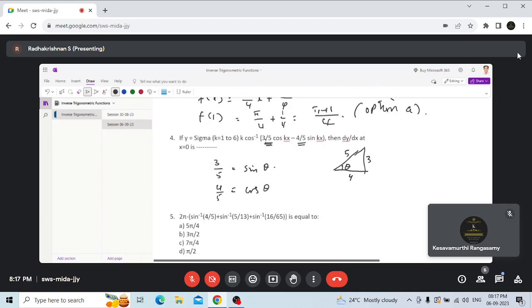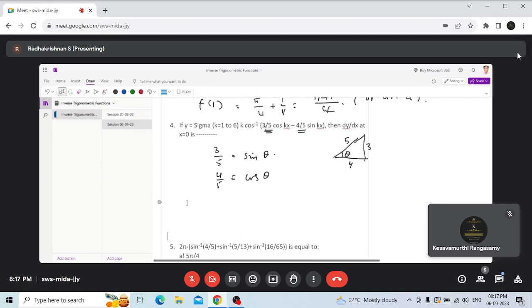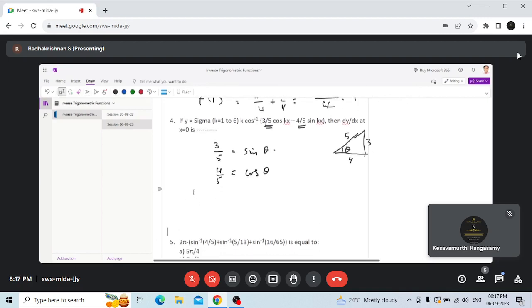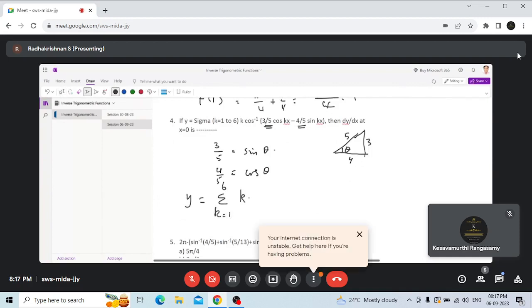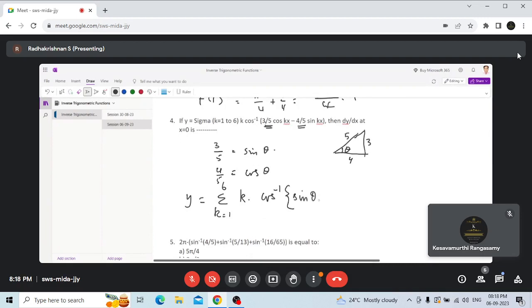So that is how you solve this problem. So your y equal to sigma k equal to 1 to 6 k into cos inverse of, so 3 by 5 I'll make it into sin theta.